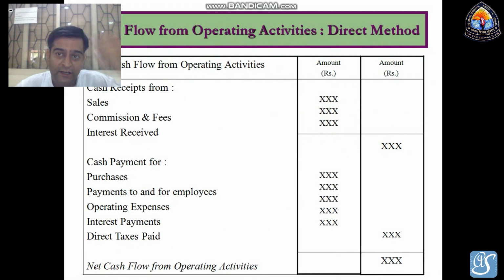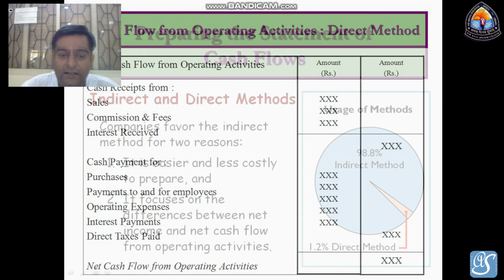Cash flow from operating activities: which things should be covered? Cash received from sales, commission, fees, interest received; cash payment for purchases, payment to and for employees, operating expenses, interest payment, direct taxes, etc.